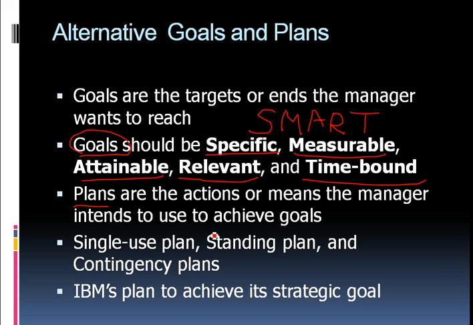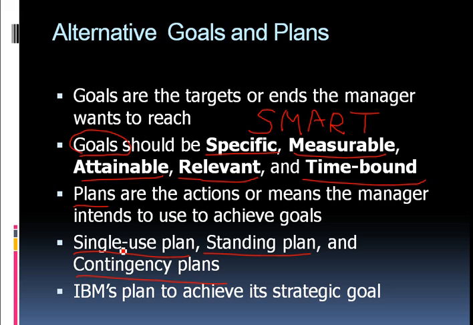Our textbook introduced 3 kinds of plans: single-use plan, standing plan, and contingency plan. Single-use plan means you use the plan only one time.